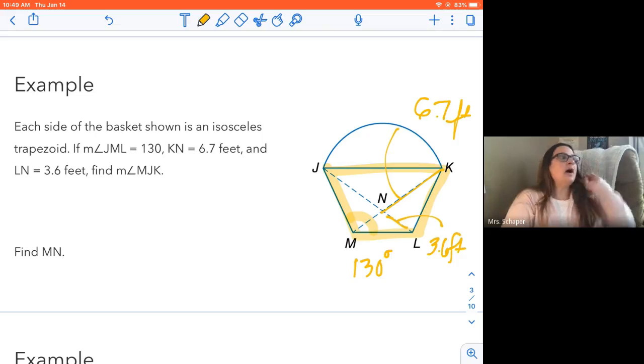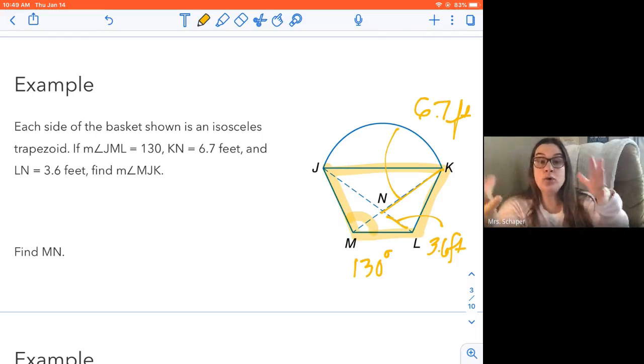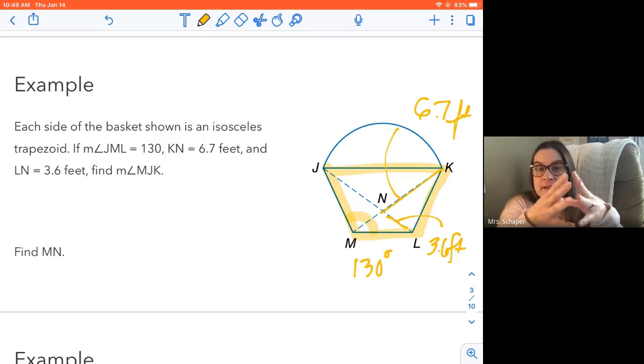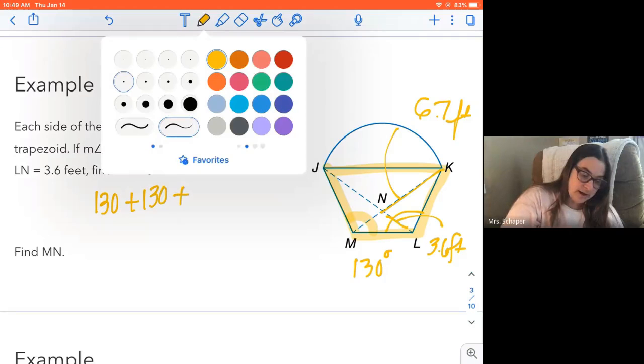Well, in a quadrilateral, you have 360 degrees total, okay? We know that if it's an isosceles trapezoid, both JML and KLM are going to be congruent. So I've got 130 degrees plus 130 degrees plus these measurements right here are also going to be congruent.